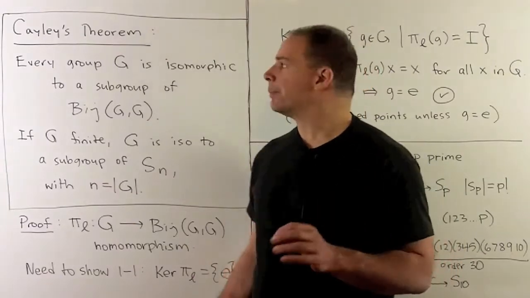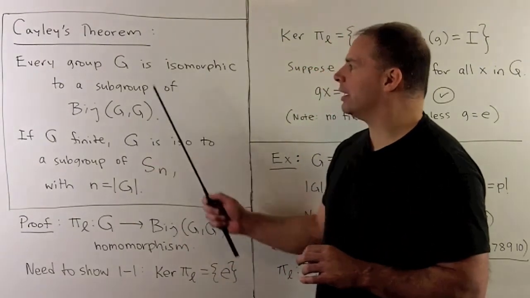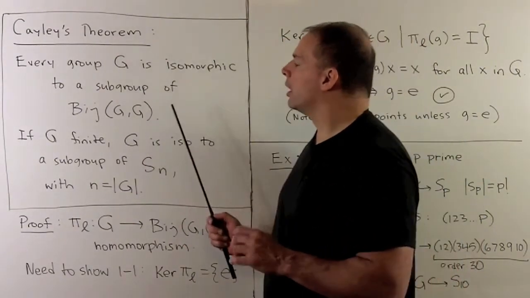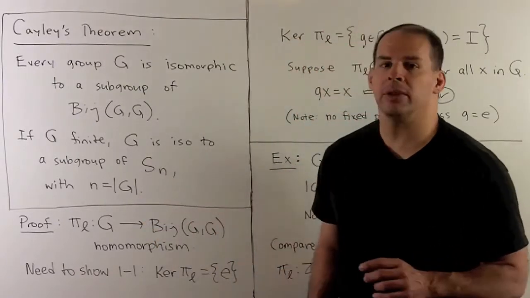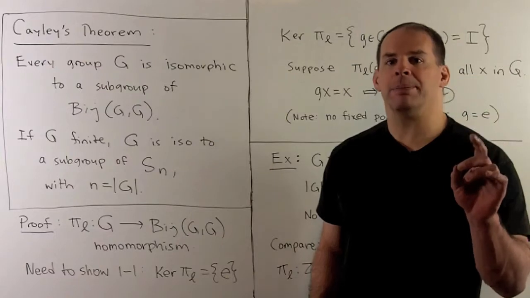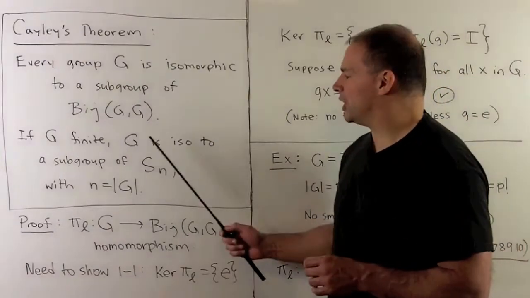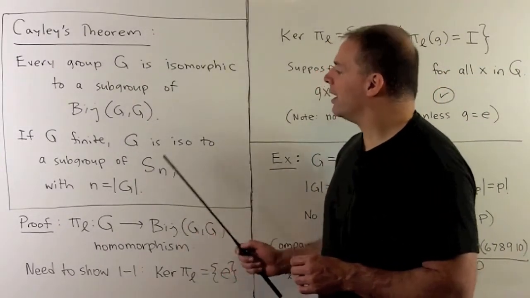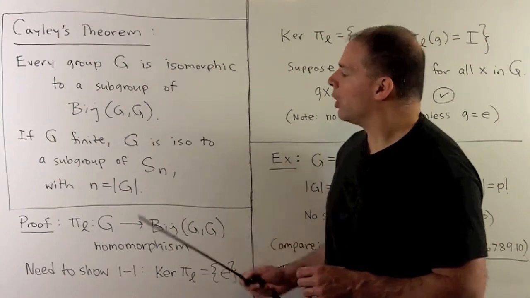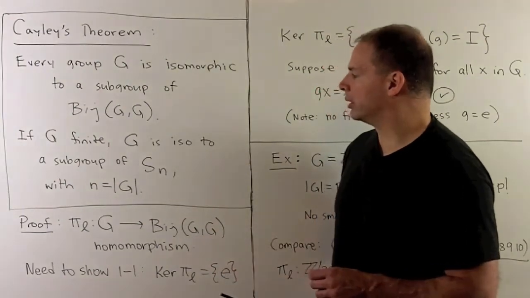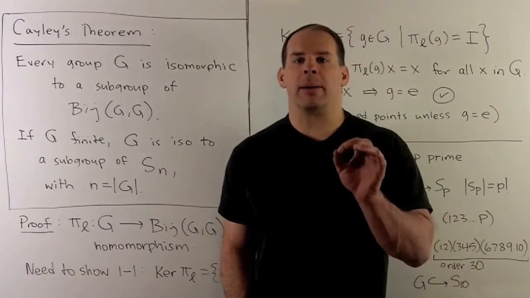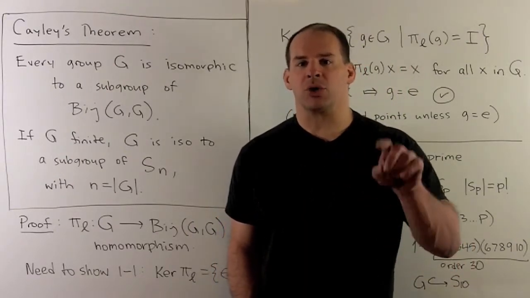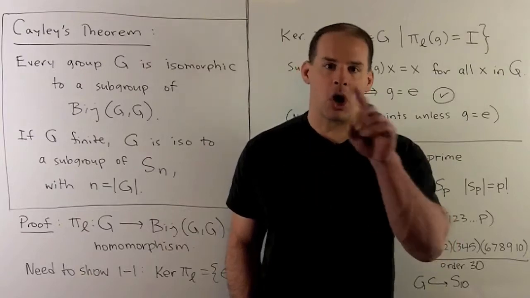Cayley's theorem says, every group G is isomorphic to a subgroup of the group of bijections from G to G. If G is finite, this just says G is isomorphic to a subgroup of the symmetric group on n letters, where n is the order of the group. So when G is finite, we're always going to be able to put it into a symmetric group if the size is large enough.